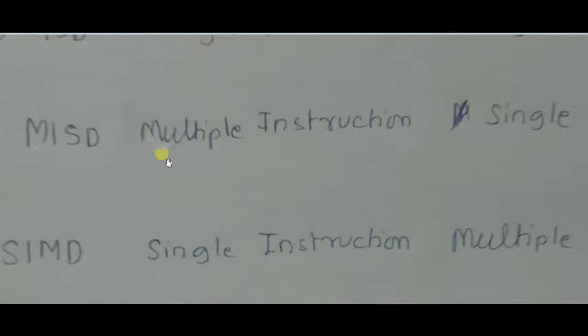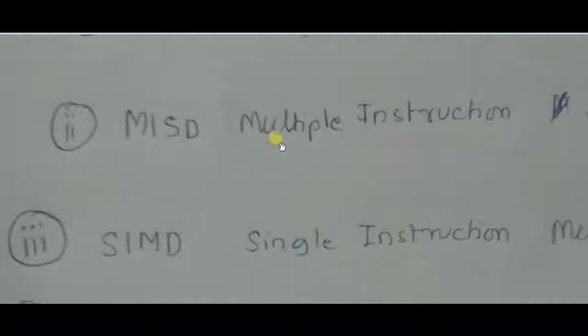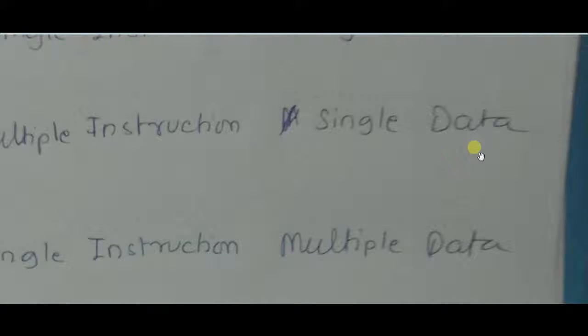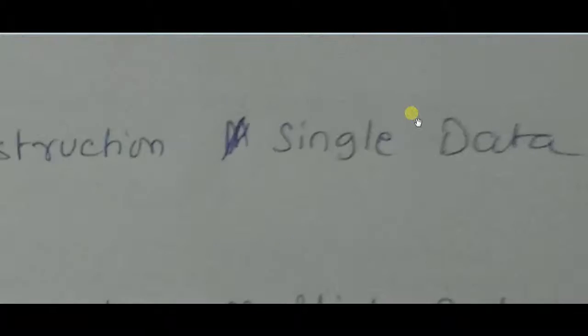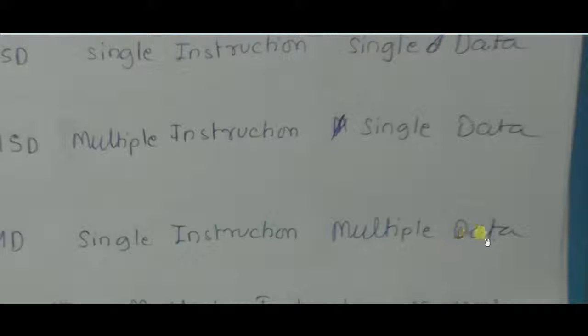And single data means there is only one processing unit, because a processor can only process one data at a time. So single data means single processor. Similarly, multiple data means multiple processors.